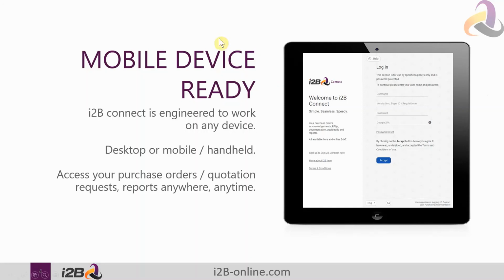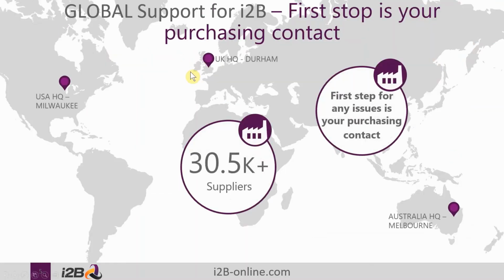And what I wanted to touch on is ongoing support or questions. I'm sure you have some. i2B currently look after just over 30,000 suppliers globally throughout the world. So we've got offices there in the UK, in Australia, and in the US.